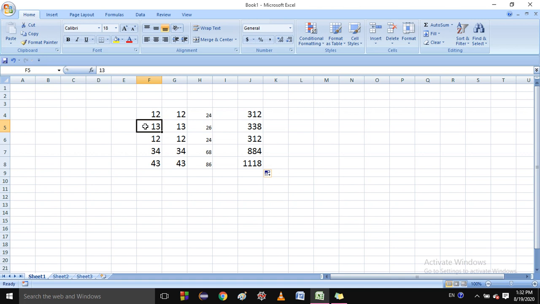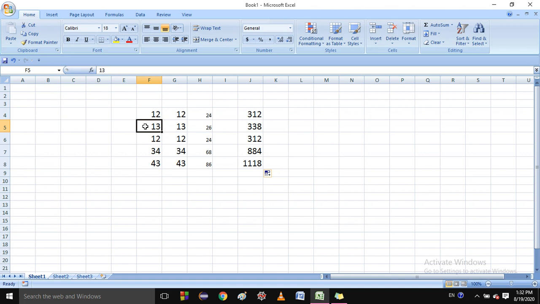Next, come to the circular reference. A circular reference occurs when a formula in a cell refers to its own cell value directly or indirectly. For example, if you enter the formula equal to A1 plus A2 multiply A3 in the cell A2, you are making the formula refer to its own cell value.